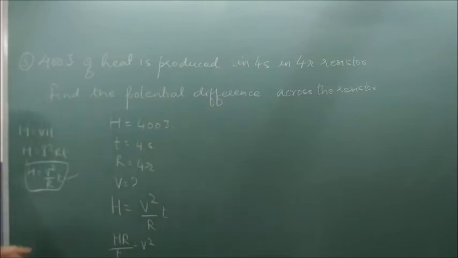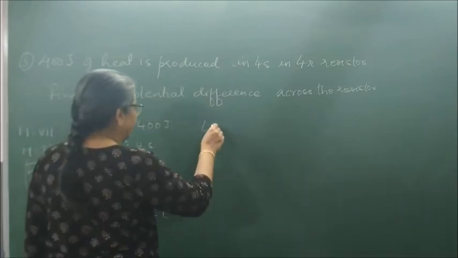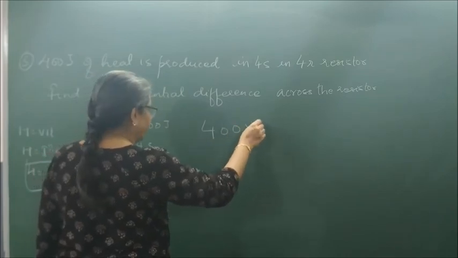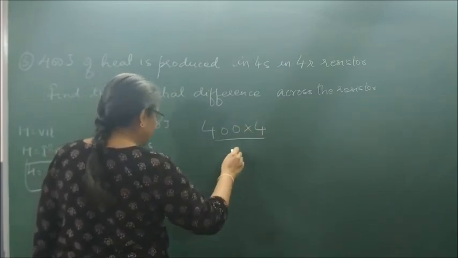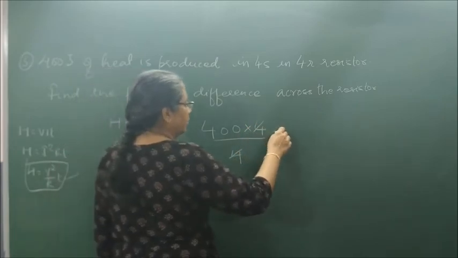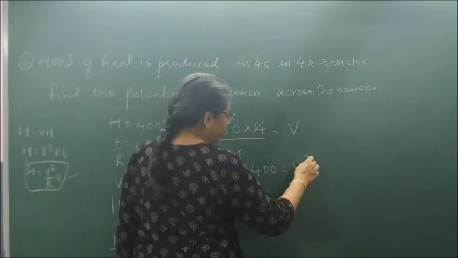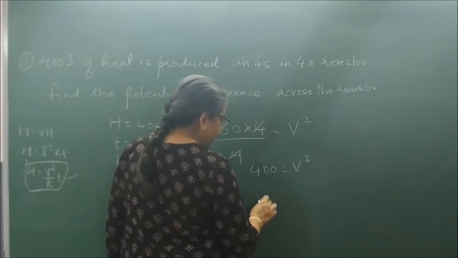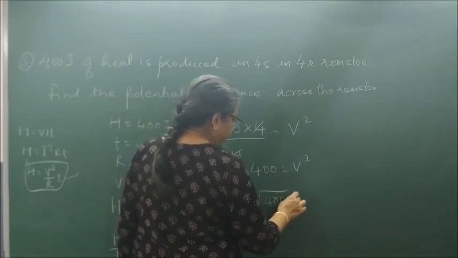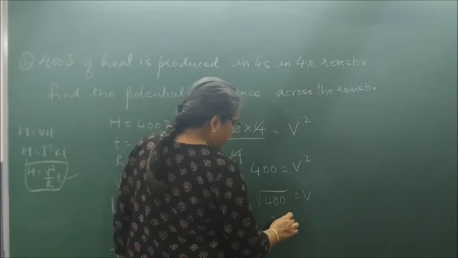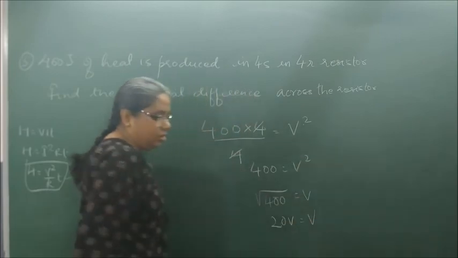Correct? H is 400, R is 4 ohms, time is 4 seconds. So this is 400 is equal to V square. So V becomes root of 400, which is equal to how much? 20 volts is V.